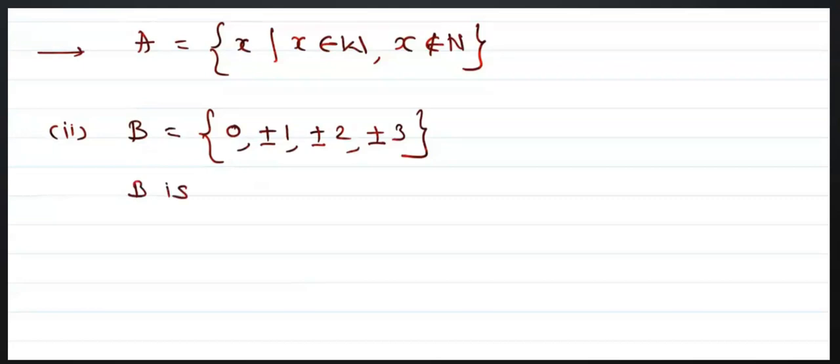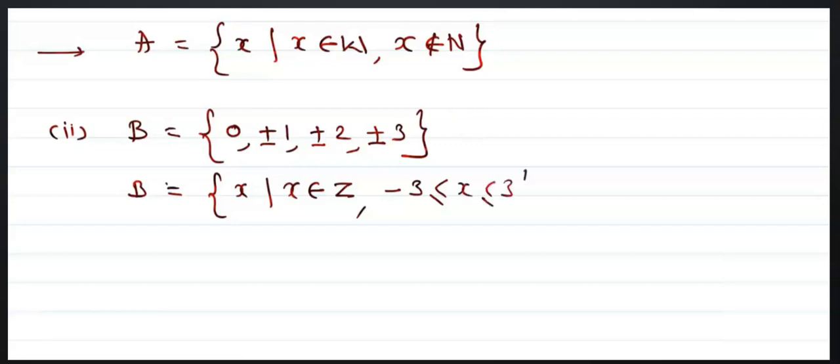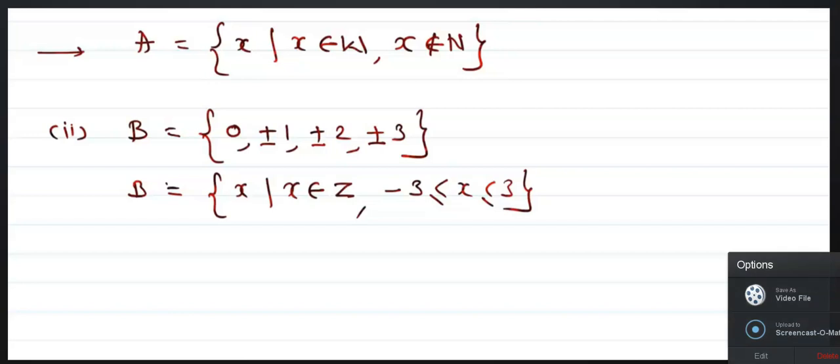That is B is {x such that x belongs to Z and x lies between minus 3 and plus 3}. x is equal to 3, x is equal to minus 3 also. Therefore, we can write it as {x such that x belongs to Z, x lies between and equal to minus 3 and plus 3}.